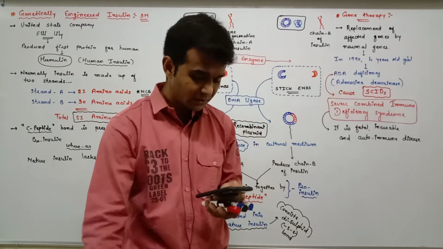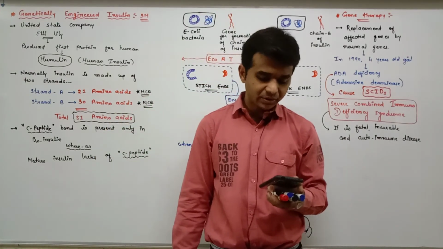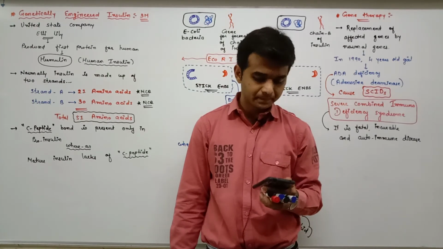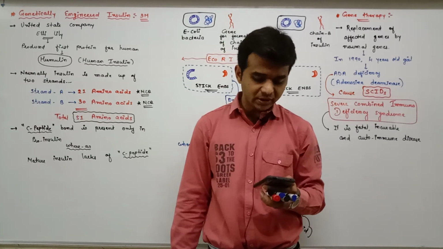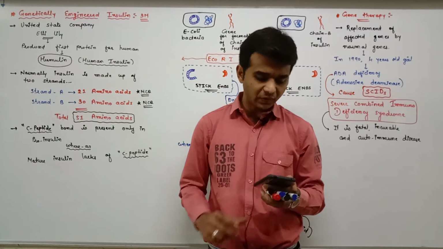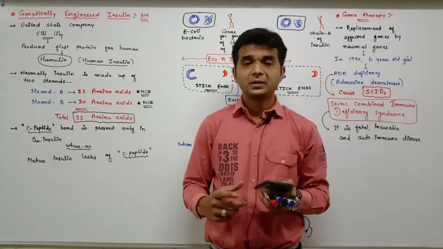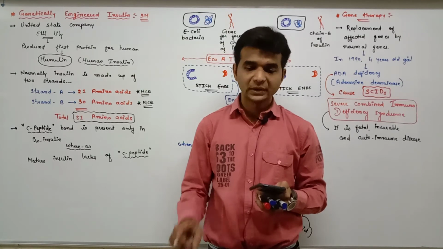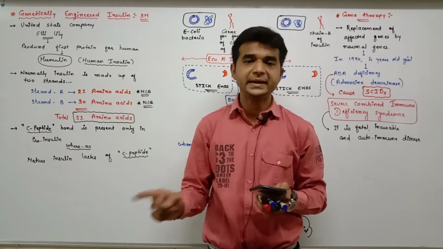This enzyme is crucial for the immune system to function. The disorder is caused due to deletion of the gene for adenosine deaminase. In SCIDS, the adenosine deaminase enzyme is missing.